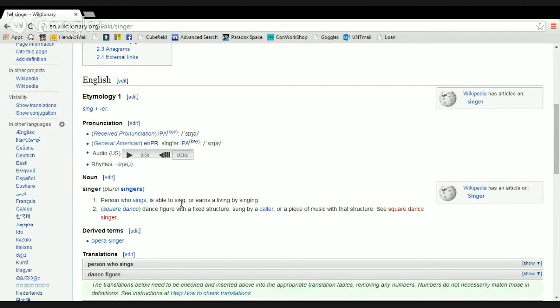Some people believe that that sound is a different vowel all on its own. So we can see it's pronounced singer. So you can see that, for one, the N and the G are not pronounced separately. It's not singer, it's singer.